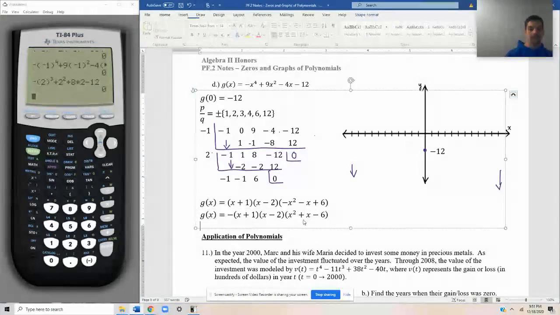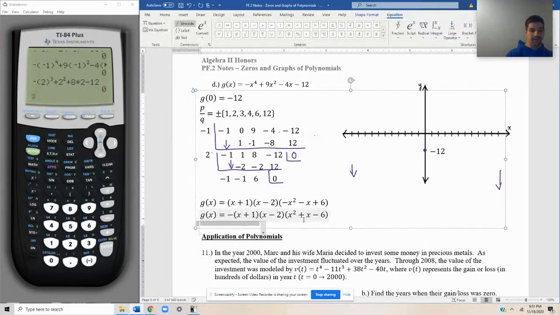We should be able to notice that we can factor that final expression. So we still have negative x plus 1, we have x minus 2, and then x squared plus x minus 6 would factor into x plus 3 and x minus 2.